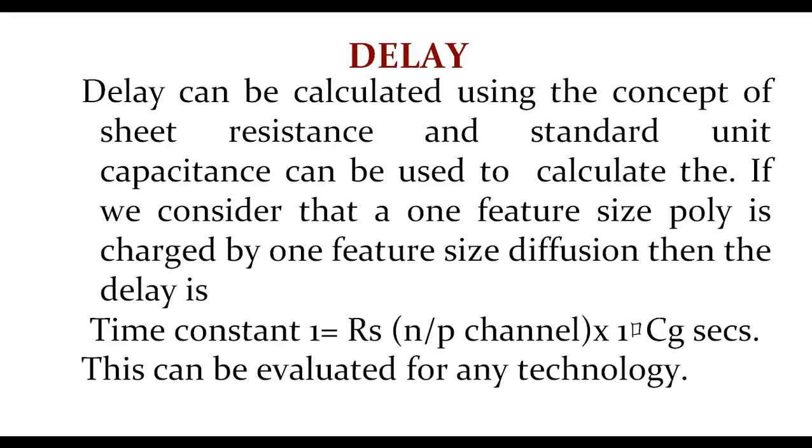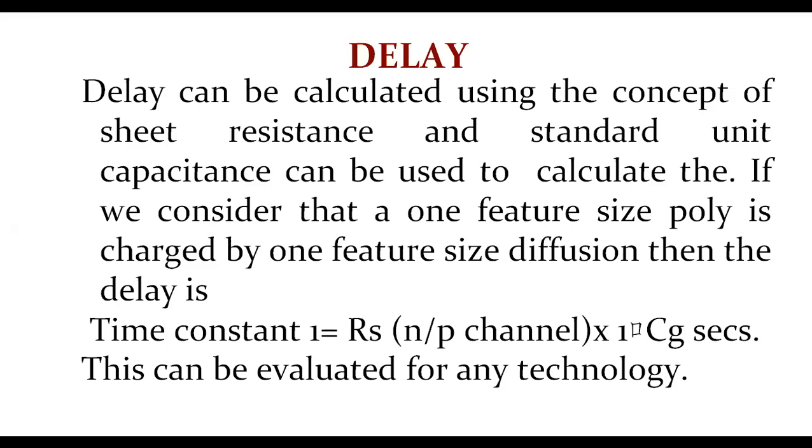If we consider that a 1 square polysilicon is charged by 1 feature size diffusion, then the delay is simply, for an NMOS with length and width of 2 lambda and 2 lambda, the time constant 1 tau equals Rs into 1 square Cg, where Rs is the sheet resistance.